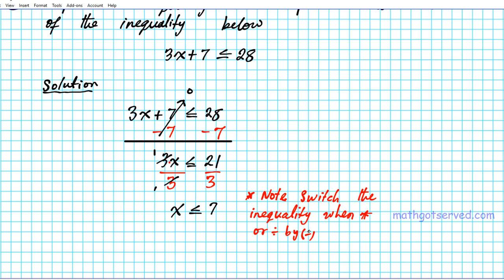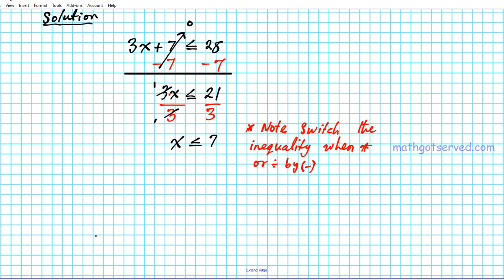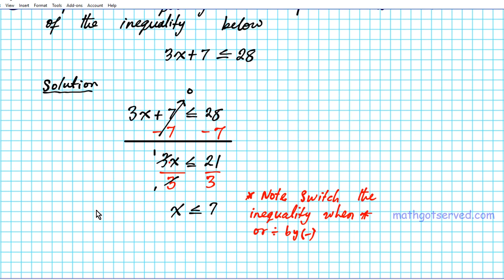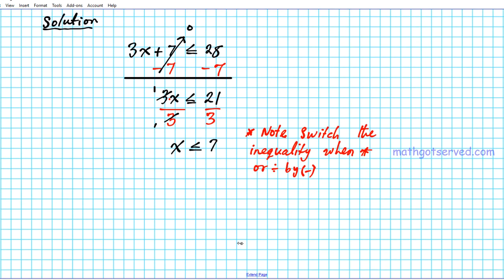When you multiply or divide by a negative, you have to switch the inequality symbol. So in this particular case, we divided by a positive number, which is 3. That is why the inequality symbol remains the same. So there's no switch here.